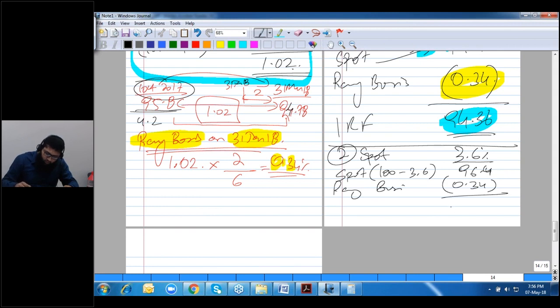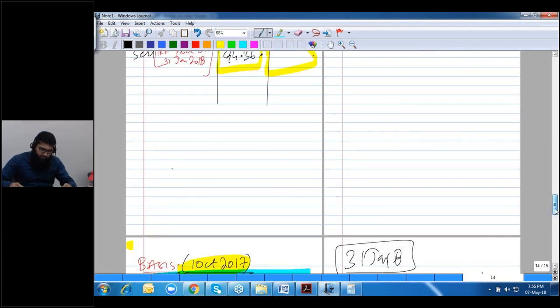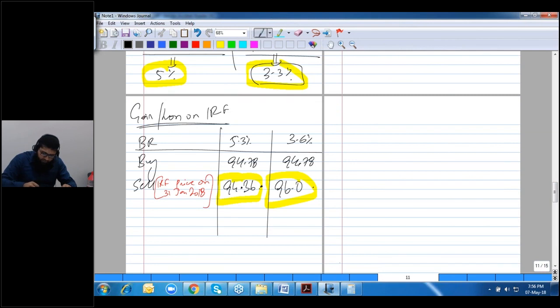Again, it is going to go down, so it is going to be 96.06. We are deducting the remaining basis. I explained that the remaining basis is the difference between the spot rate and the future price. So 96.06 is going to be the price.